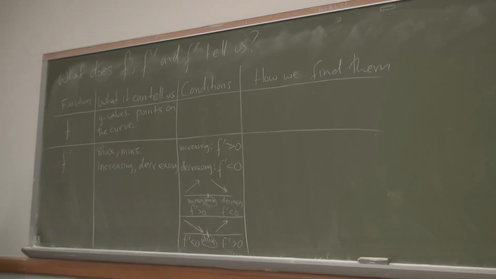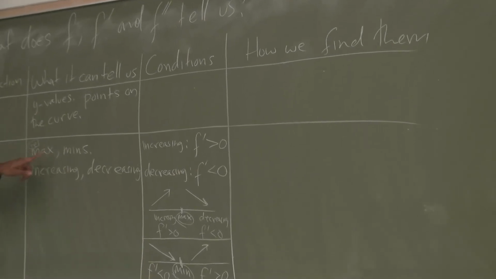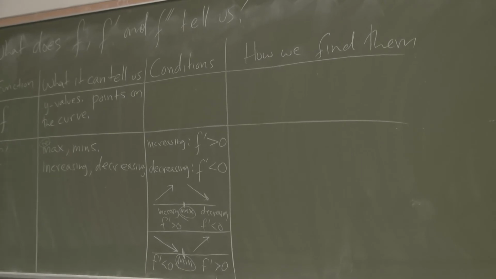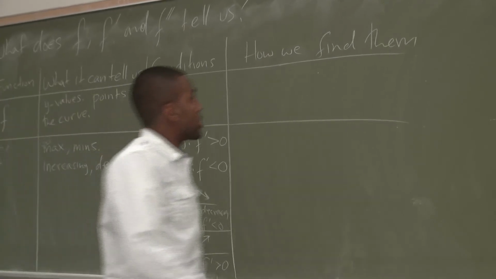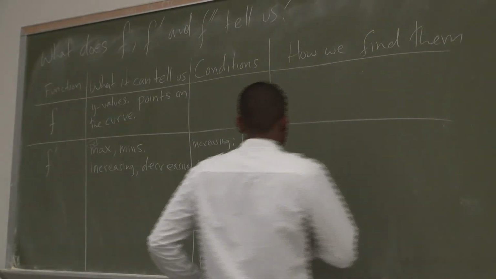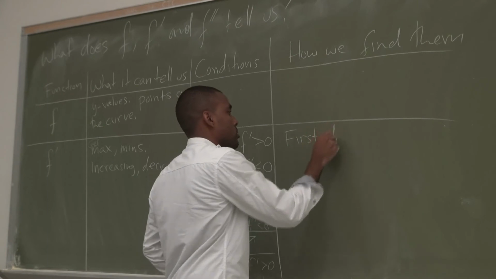Would that be concavity? It has nothing to do with concavity. First derivative: max, min, increasing, decreasing. Concavity is a whole different story. Second derivative. So how can we find it? Well, there's something called the first derivative test.